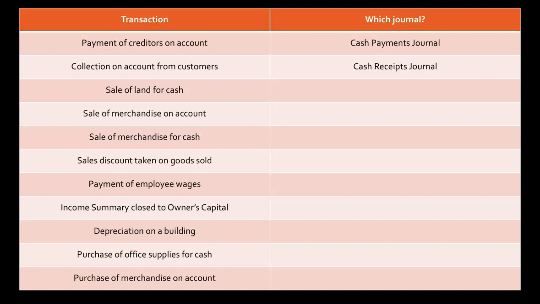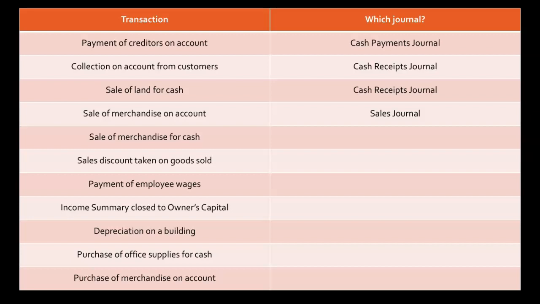So here, we are receiving cash, meaning that we're going to want to put this into the cash receipts journal. The next transaction, sale of merchandise on account. Well, that's the definition of what goes into the sales journal, right? So we'll toss that one into our sales journal.